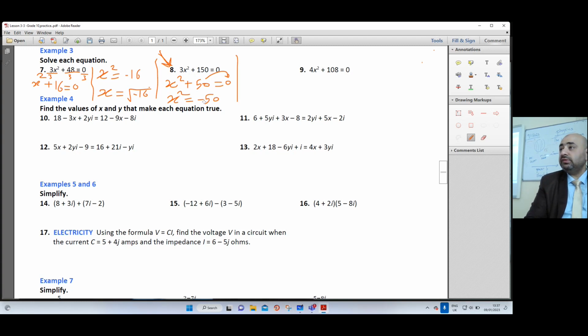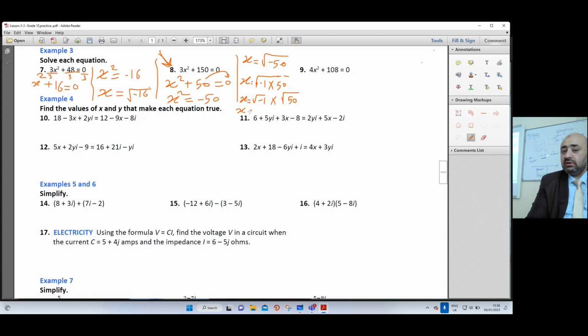Then take the square root of the two sides. The square root of x squared will be x, equal to the square root of negative 50. Now, negative 50 means negative 1 times 50. Then we can write x equals the square root of negative 1 times the square root of 50.